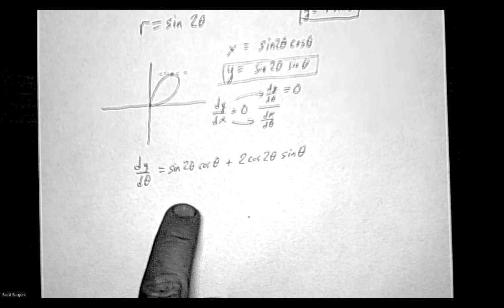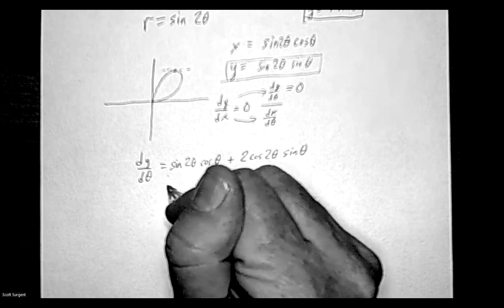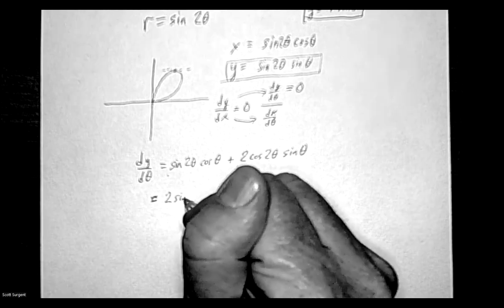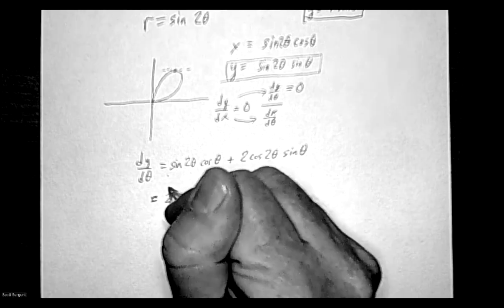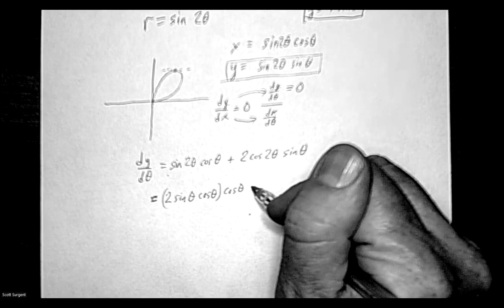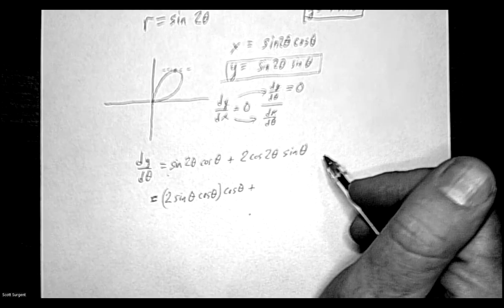Unfortunately, we've got kind of apples and oranges here because I want to set it to 0, and it's tricky when you've got both 2 thetas and regular thetas. So we're going to have to replace these. This is where you bring in identities. The sine of 2 theta is 2 sine theta cos theta, and then of course this cos theta. And the cosine of 2 theta has a couple of forms.